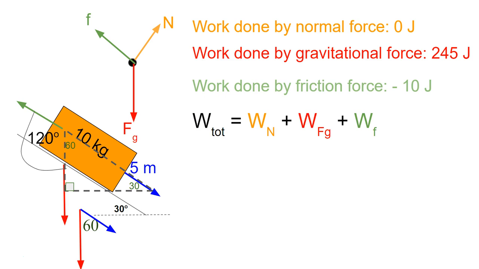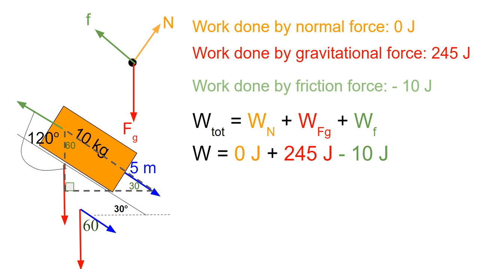So now if I want to calculate the total work done, I just add up all the values of the amount of work done by each of these different forces. The work done by the normal force, plus the work done by the gravitational force, plus the work done by the friction force.